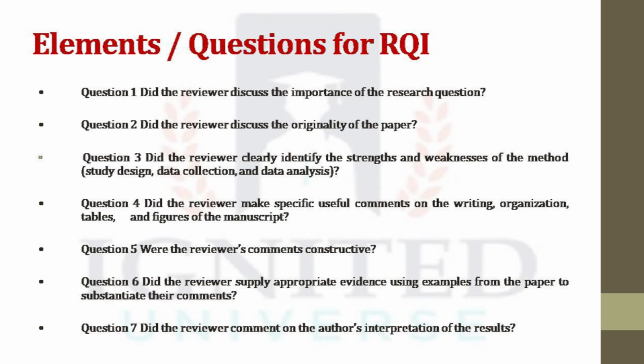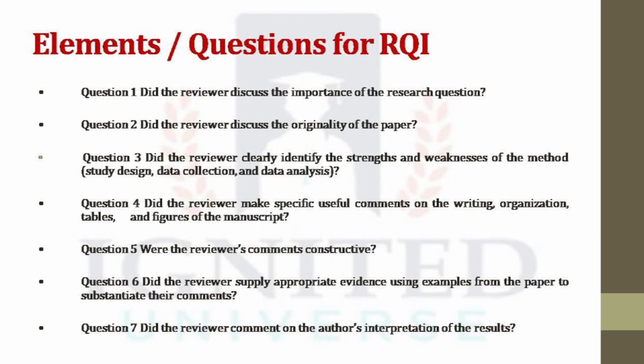Then next question, did the reviewer make specific useful comments on the writing, organization, tables and figures of the manuscripts? 1 not at all and 5 extensive. Were the reviewer's comments constructive? 1 not at all, 5 very constructive.